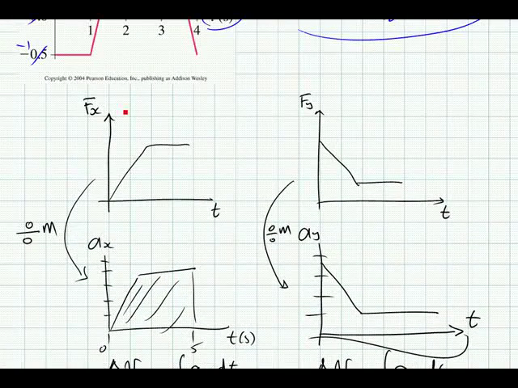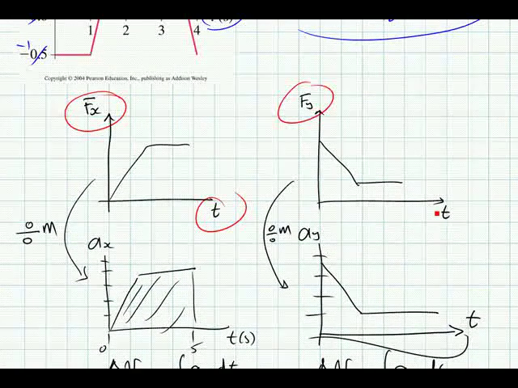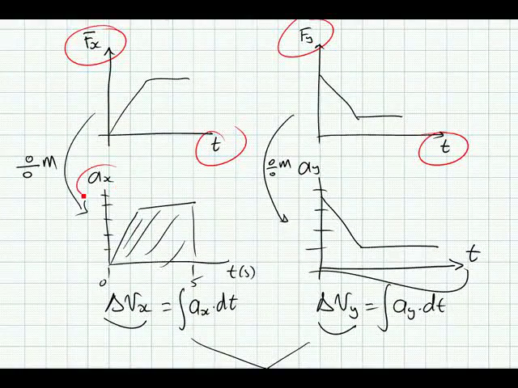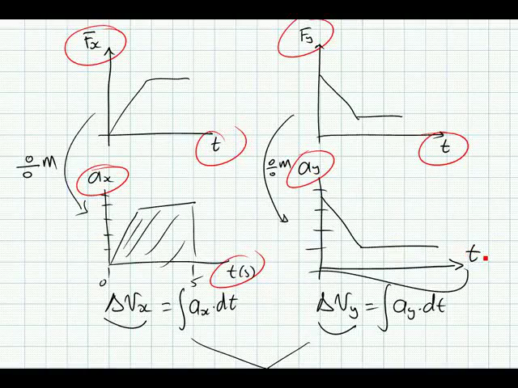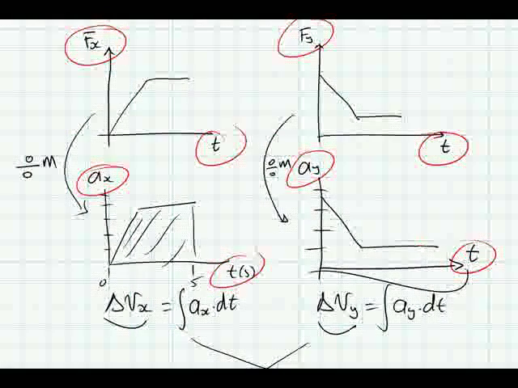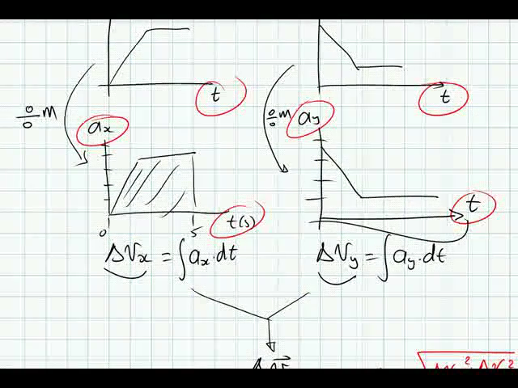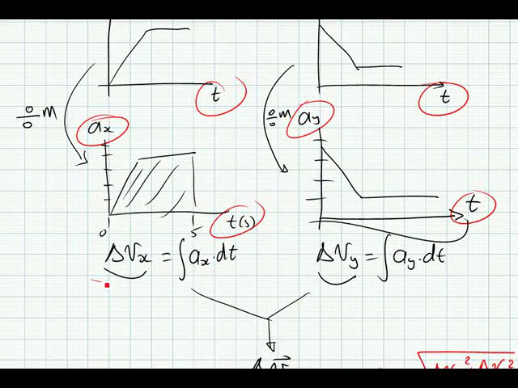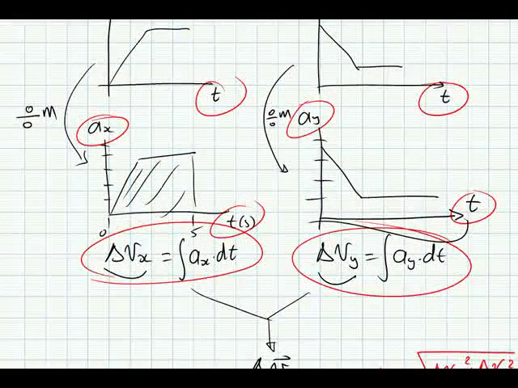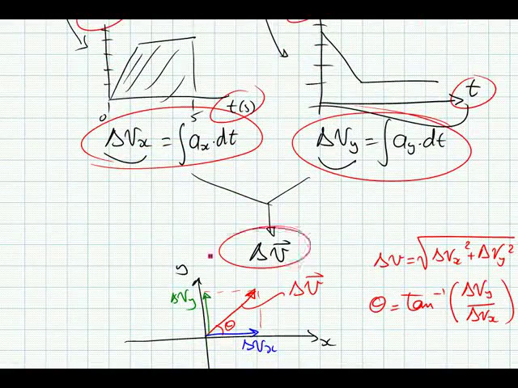So starting from force versus time curve for both in the x and the y directions, you figure out acceleration versus time in both x and y directions. So it's the same process, but you just do it twice. And from these acceleration versus time curves, you figure out changes in the velocity both in the x and the y directions, and then you do a vector combination.